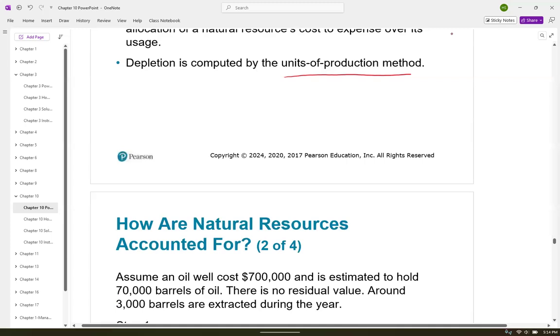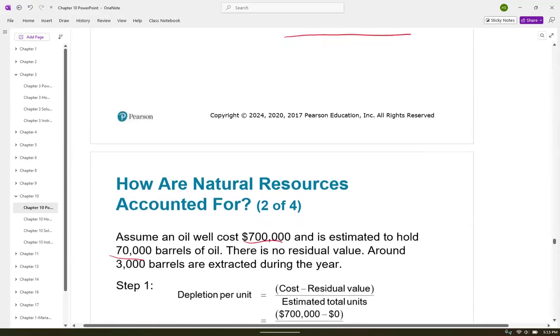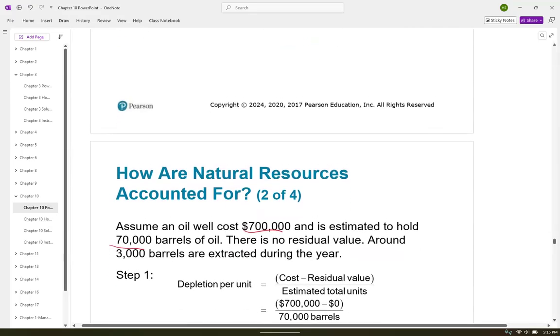They said an oil well costs 700,000. It's estimated to hold 70,000 barrels of oil and there's no residual value. So they said around 3,000 barrels were extracted during the year. So here's the first calculation. We're going to figure out a per barrel amount. We have our cost, residual value, which is 0.